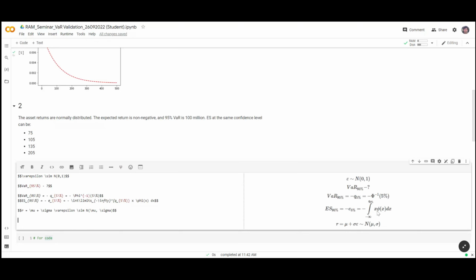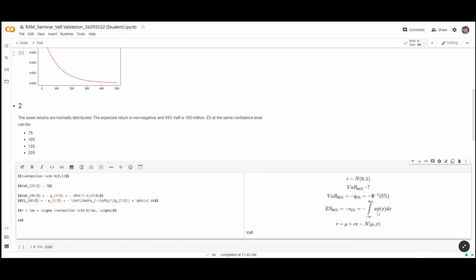What I know for this distribution is that value at risk can be expressed as the linear transformation of value at risk and expected shortfall of the standardized normal distribution, right?